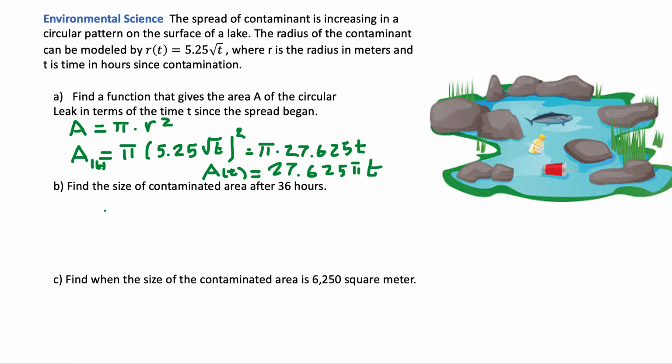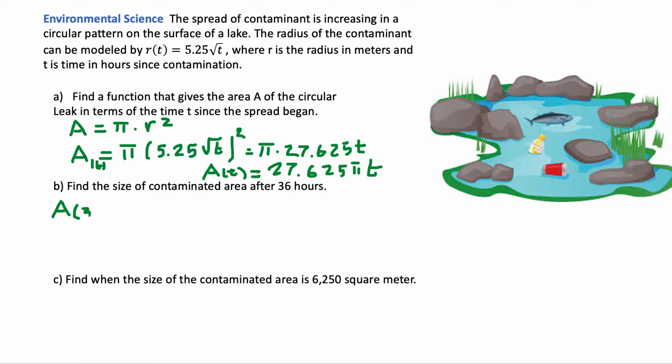And now under B, it says find the size of contaminated area after 36 hours. So we already have this formula, and instead of the t, we just plug in the number 36, because this is a function A of t.